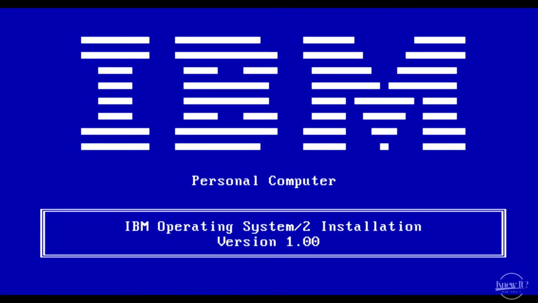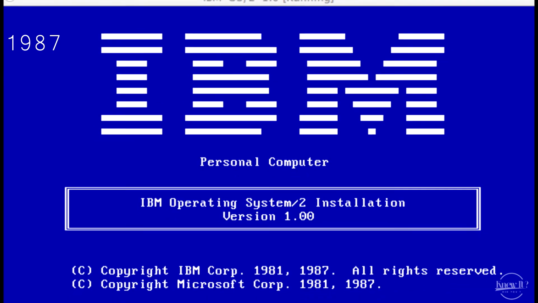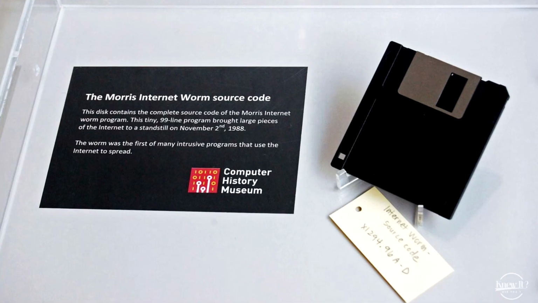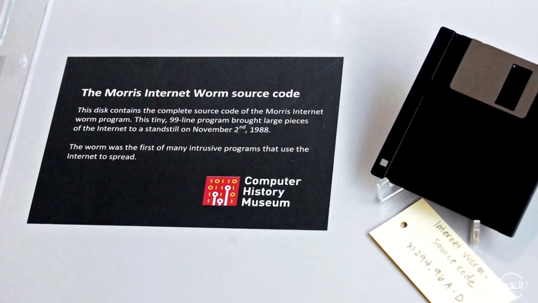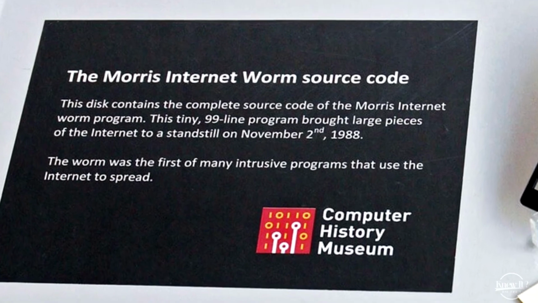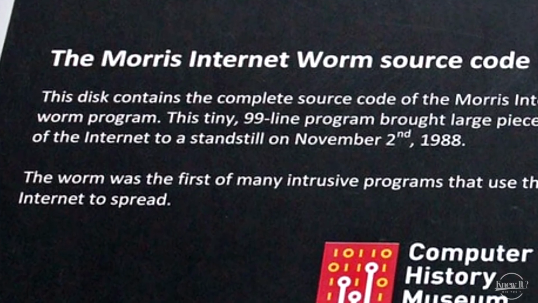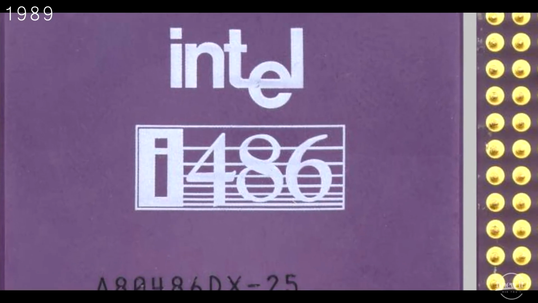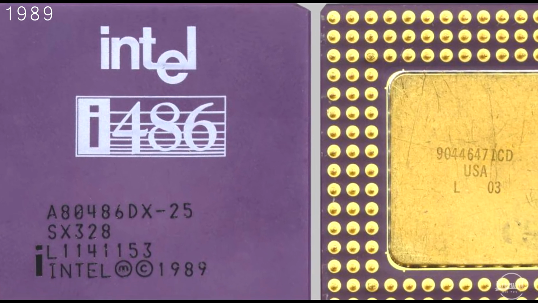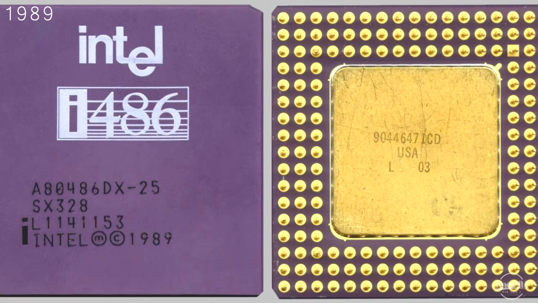In 1987, IBM announced the OS/2 operating system technology. In 1988, a non-destructive worm was introduced into the Internet network, bringing thousands of computers to a halt. A year later, the Intel 486 became the world's first 1 million transistor microprocessor.